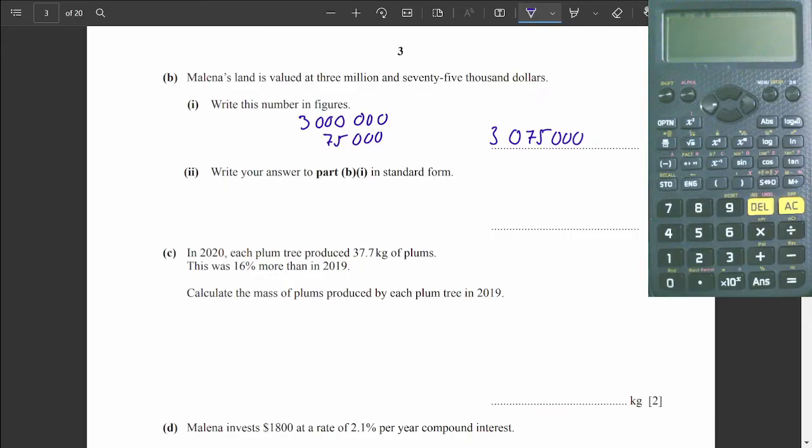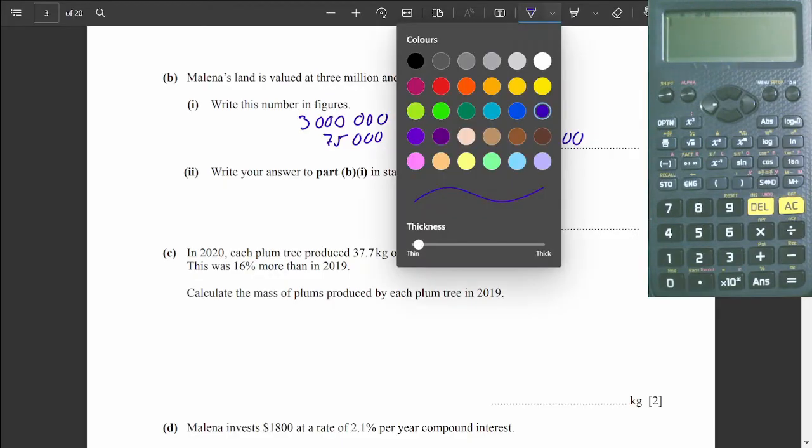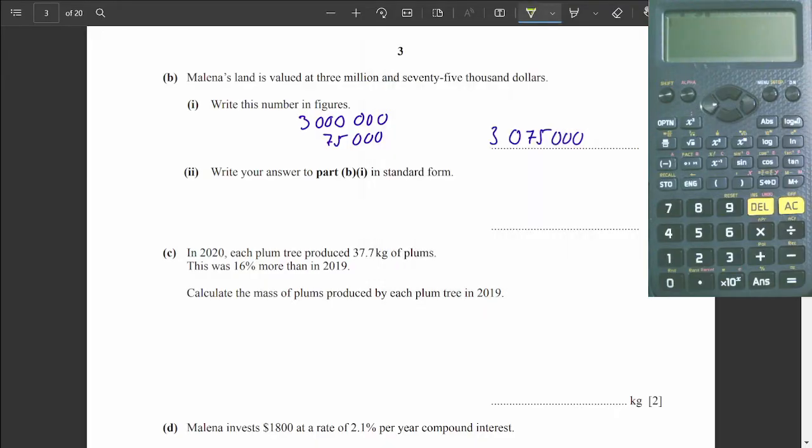Question 1b, part 2. Write your answer in standard form. So, standard form is when we write a number as a number between 1 and 10 times 10 to the power of something. So we need to move the decimal point from the end of my number to just after the first digit.